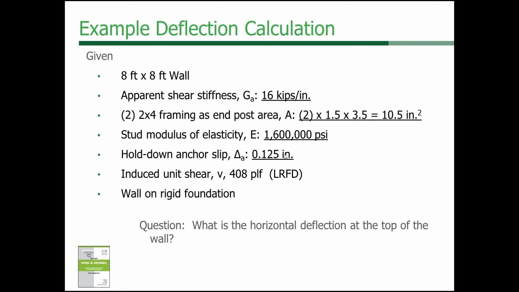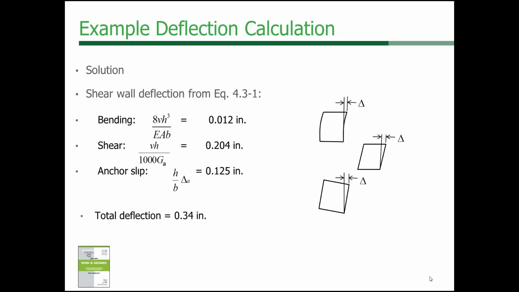Modulus of elasticity is 1.6 times 10 to the exponent, anyway, in psi, and then the hold down anchor slip of 0.125, and then induced unit shear, and this is induced shear, not the capacity of the shear wall, to determine the deflection.